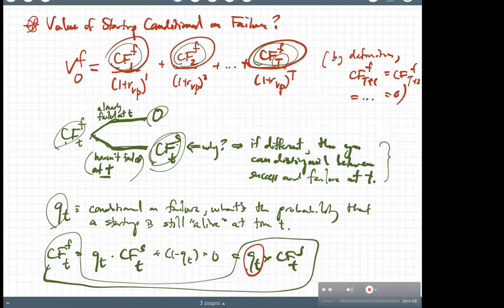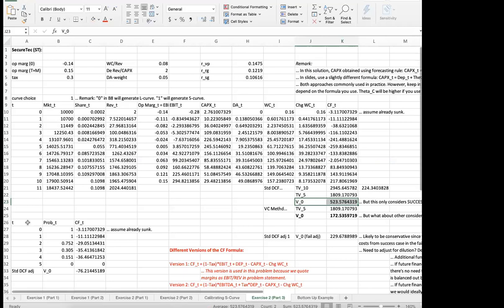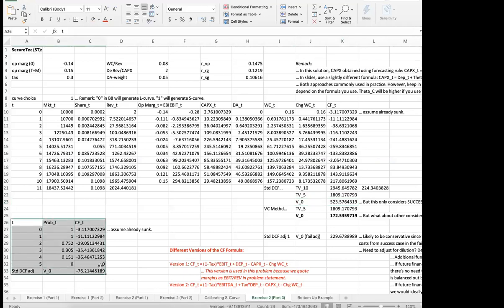I've done this in my spreadsheet right here. So these are my cash flow forecasts for SecureTech in the failure case. Here is the data that I put in the handwritten document. 100% of the time, a failure survives for 1 period.